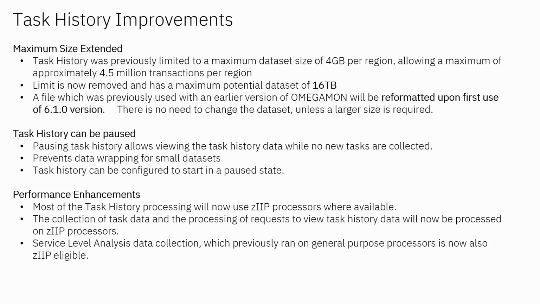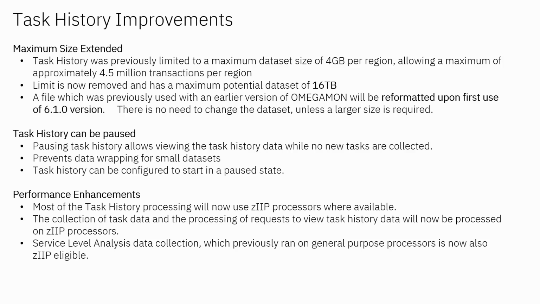So there's not much to do. When you move to 6.1, the data sets will be reformatted when you use a 6.1 agent. And if you haven't resized your task history to the 16 terabyte size, you can pause task history. That's another add-on we've made available in 6.1, and when I say 6.1, that's OMEGAMON AI for Kicks 6.1.